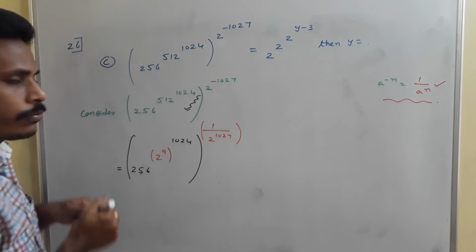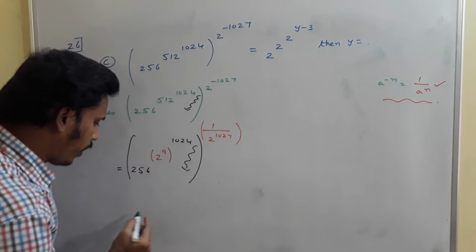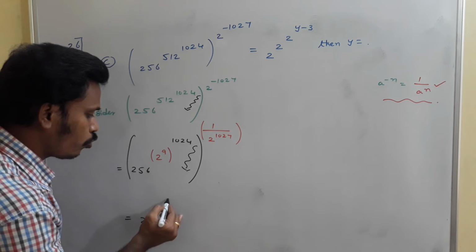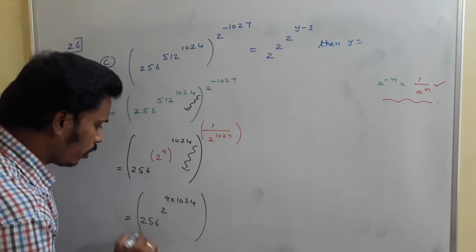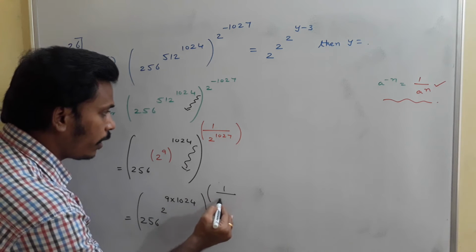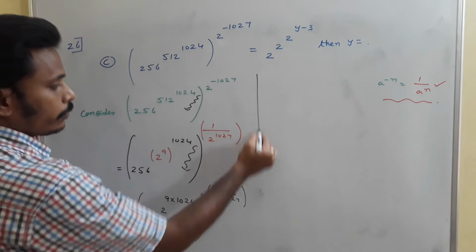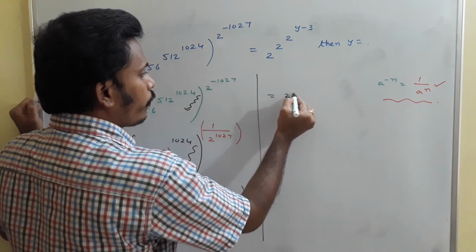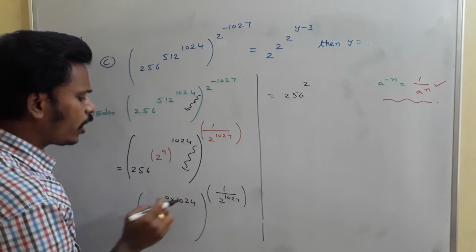Now here you just use a power m to the power n. So this is equal to 256 power 2 power 9 into 1024, and this whole thing to the power 1 by 2 power 1027. This base stays as it is, 256 power 2 power, and what is 9 into 1024?